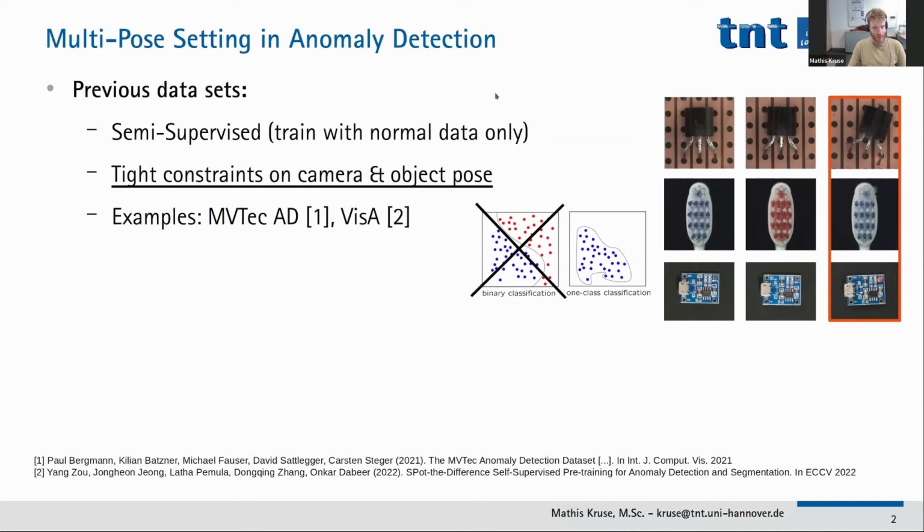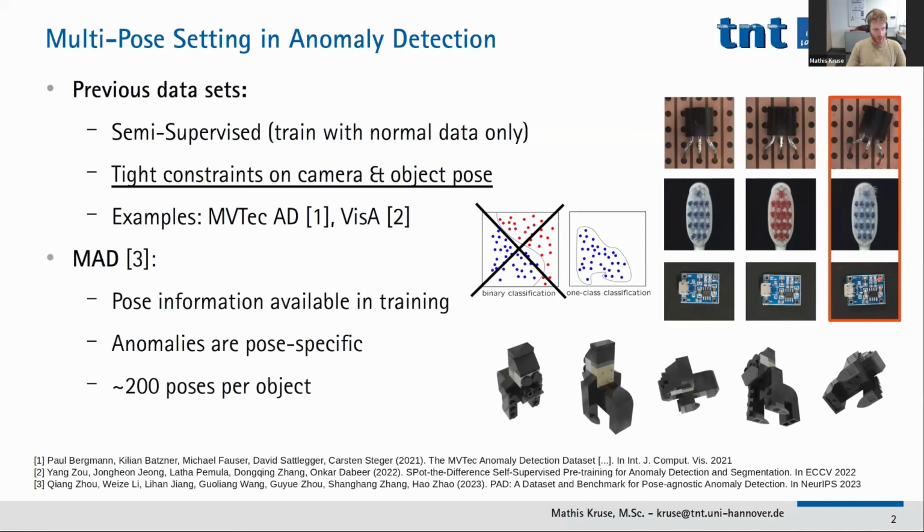The most common datasets have very tight constraints on camera and object pose. Like you can see here, the object is always aligned in the exact same way. That may not always mimic the way it's set up in a factory, where objects may be going over some kind of conveyor belt and aren't properly aligned.